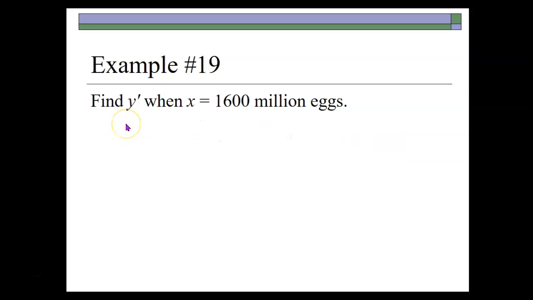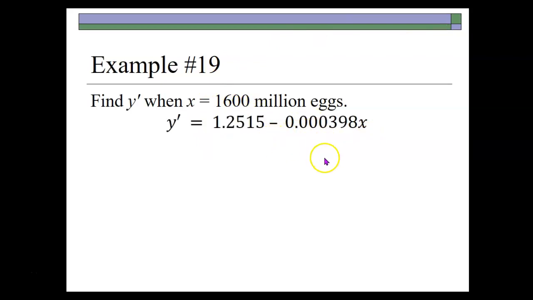So now, using that equation, let's find y prime when x is 1600, which would mean we're predicting the most likely price of a dozen eggs when the production level was at 1600 million eggs.